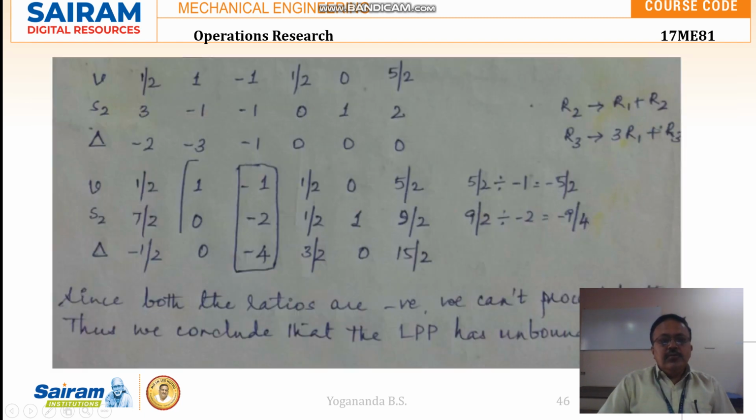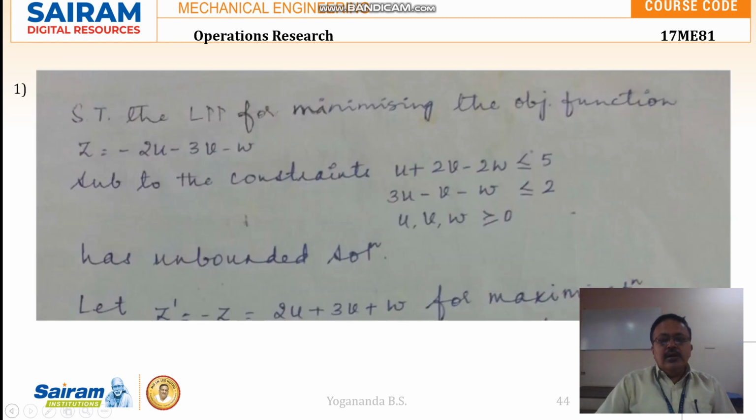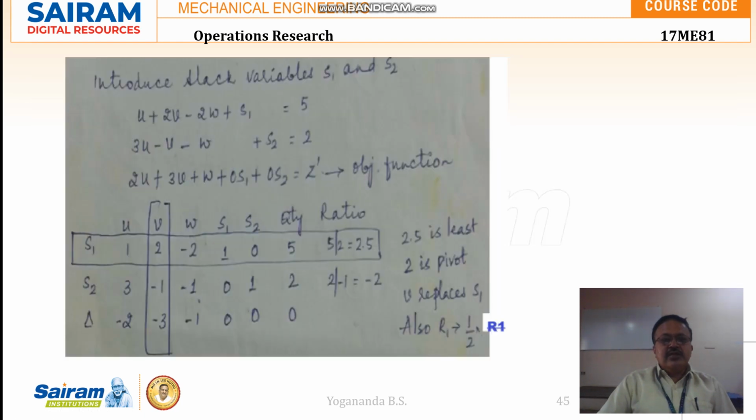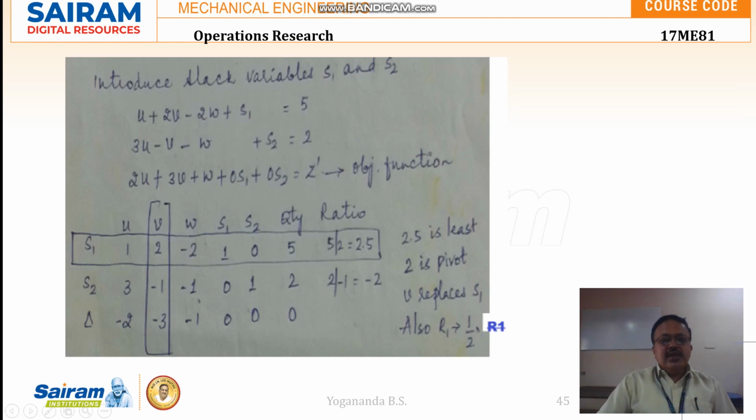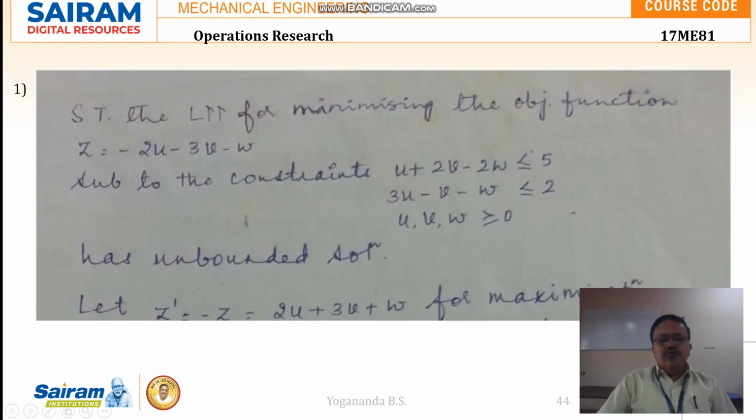So we have here two constraints. Both of them are less than or equal to constraints. That means we need to add something on the left hand side, so that the left hand side becomes equal to the right hand side. So we are adding slack variables s1 and s2 in both the constraints. We have u plus 2v minus 2w plus s1, so by adding slack variable s1, the first constraint is made equal to 5.